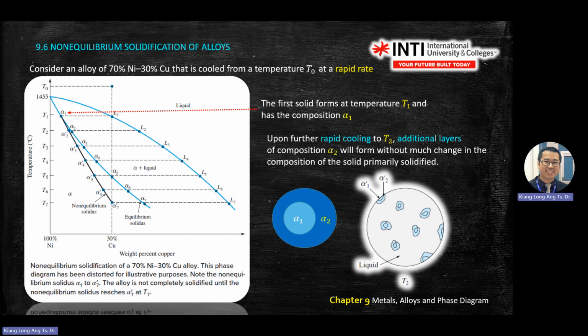Okay, rapid cooling. At T1, you draw alpha 1, comma. Or if the graph is like what you see here, you just draw alpha 1, also correct.